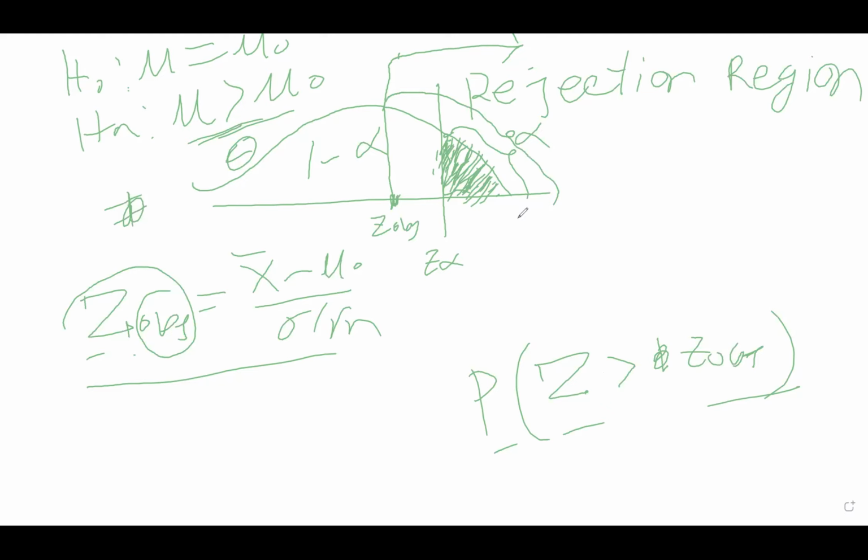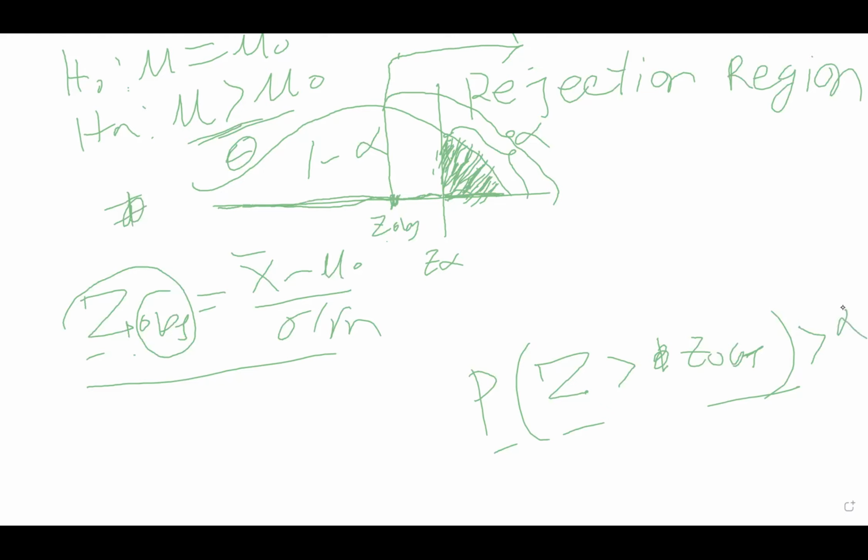Now we can compare. If Z observed is somewhere here, then we fail to reject, right? Because this is not the rejection region. The rejection region is this part. So if your Z observed is somewhere here, then the p-value, or the probability, is greater than alpha.